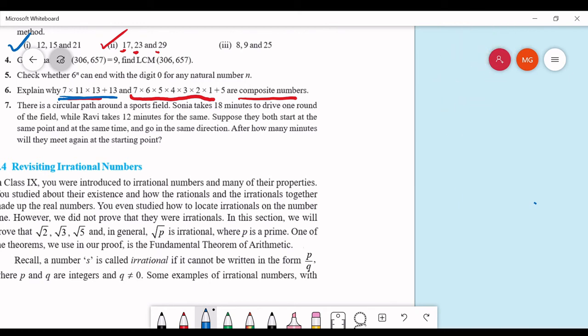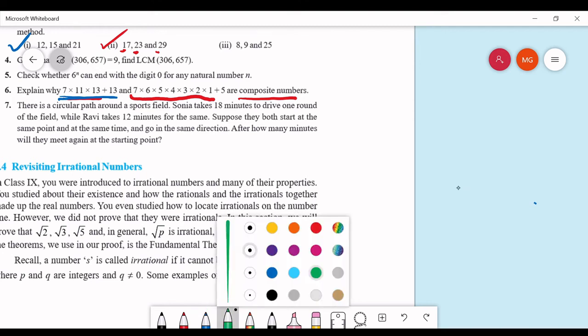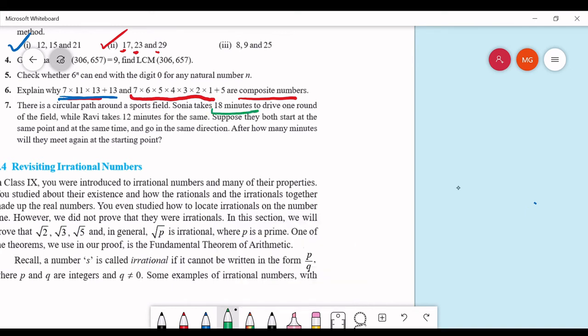Now see, one person is taking 18 minutes, and the other person is taking 12 minutes, right? They ask after how many minutes they will meet again. It is a circular path.